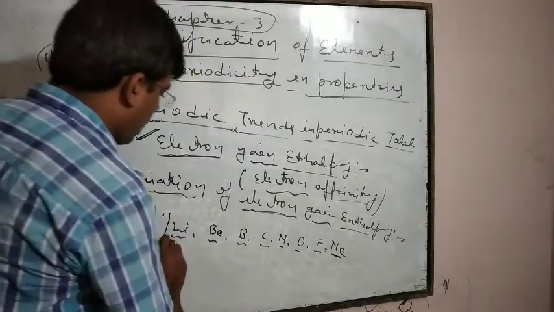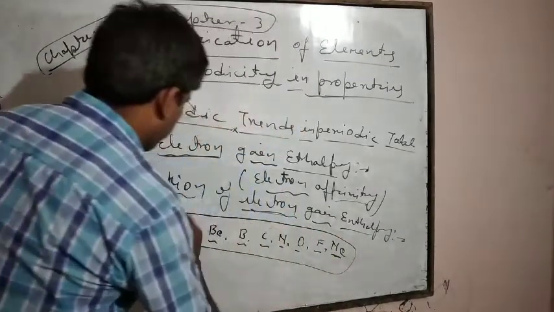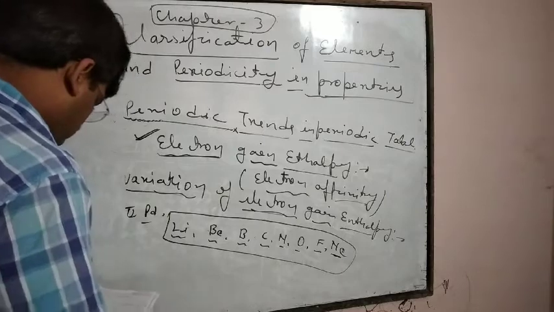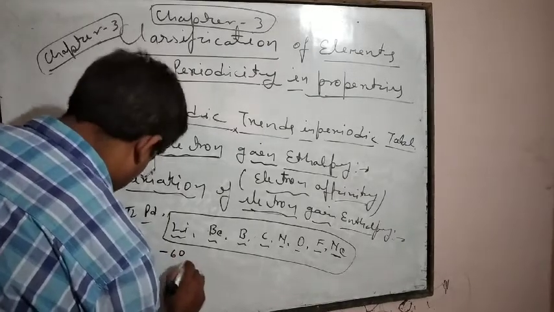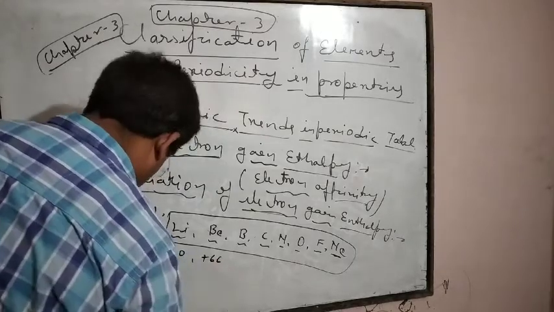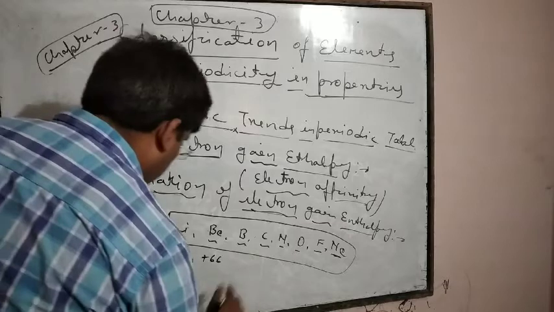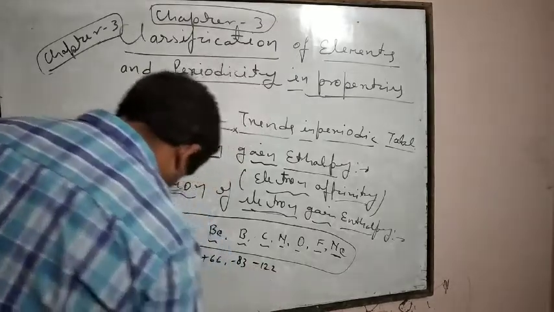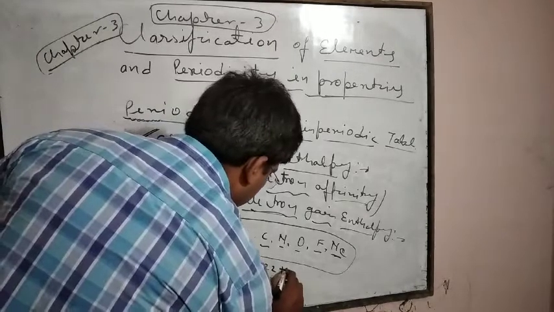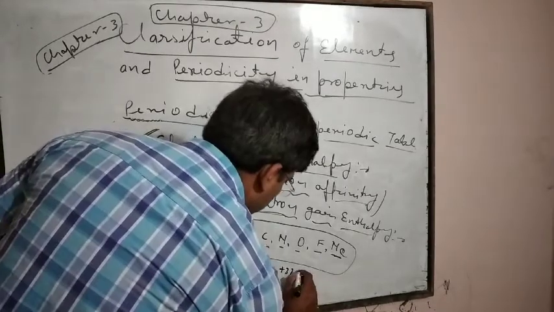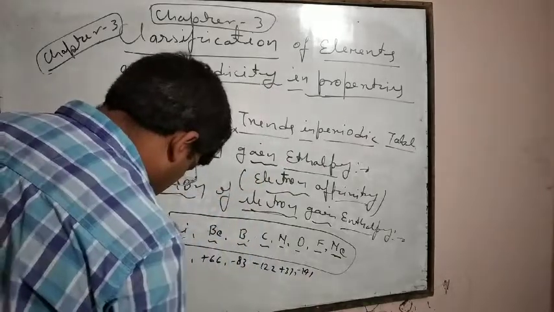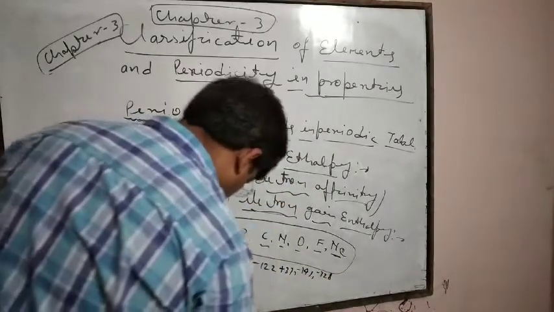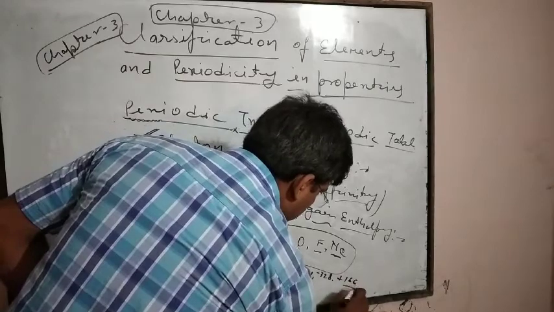The value of electron gain enthalpy is minus 60 for lithium, plus 66 for beryllium, minus 83 for boron, minus 122 for carbon, plus 31 for nitrogen, minus 141 for oxygen, minus 328 for fluorine, and plus 166 for neon.